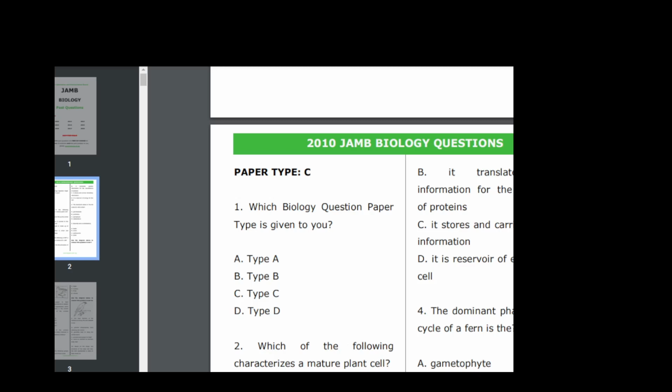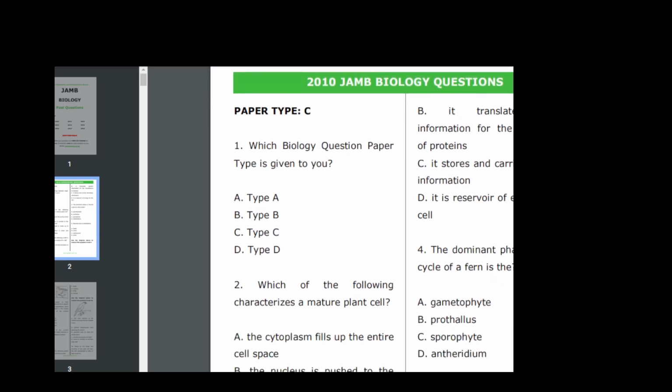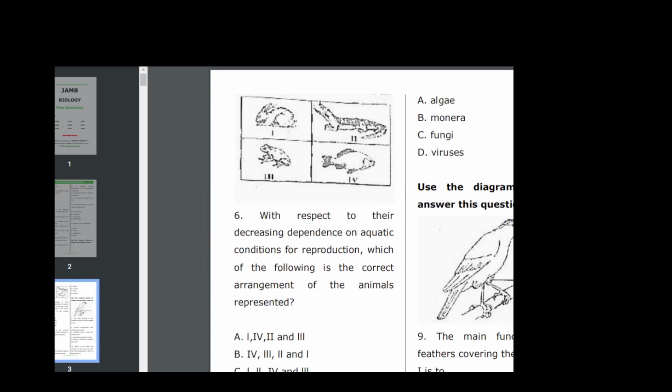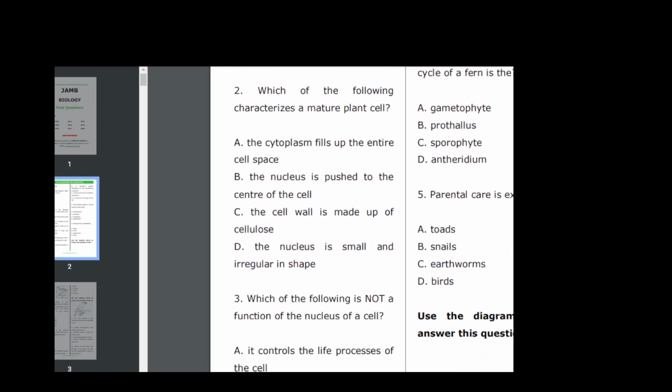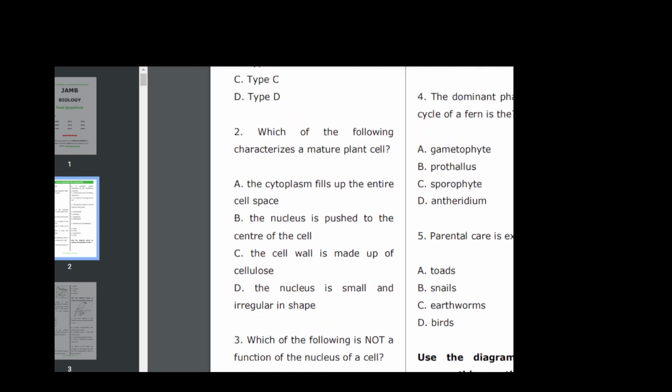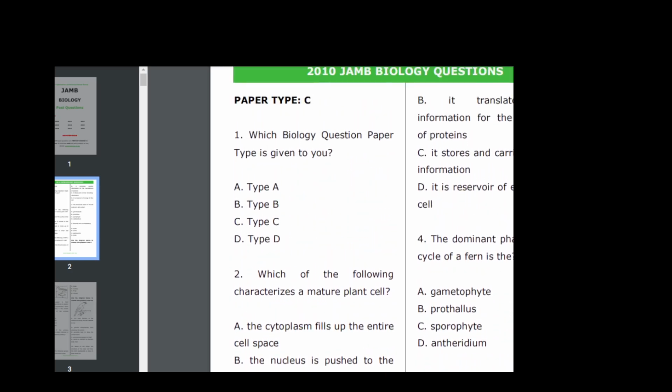When the nucleus commands for something to be done, it requires a particular energy that can push that action to be done, which is the function of the mitochondria. So the first option says it controls the life processes of the cell. Yes, the nucleus controls the life processes of the cell.